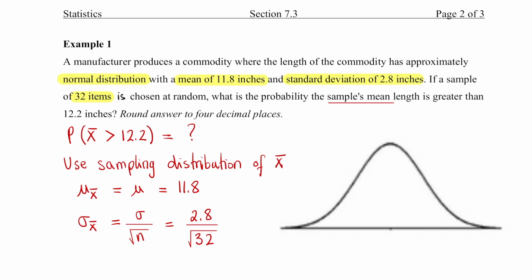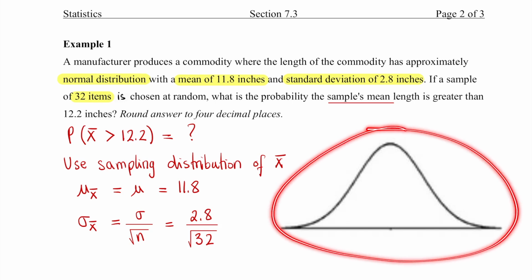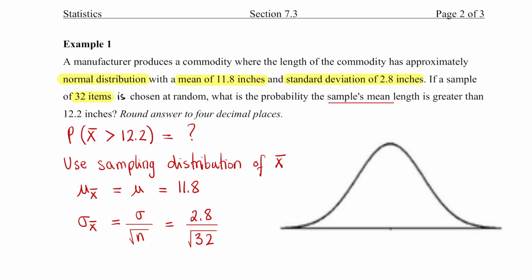Now, let's sketch the sampling distribution. The value on this horizontal line is X bar, which is the sample mean. The mean 11.8 is at the center of the curve. We want to find the probability that X bar is greater than 12.2, so we want to place 12.2 on the graph as well. 12.2 is to the right of the mean.